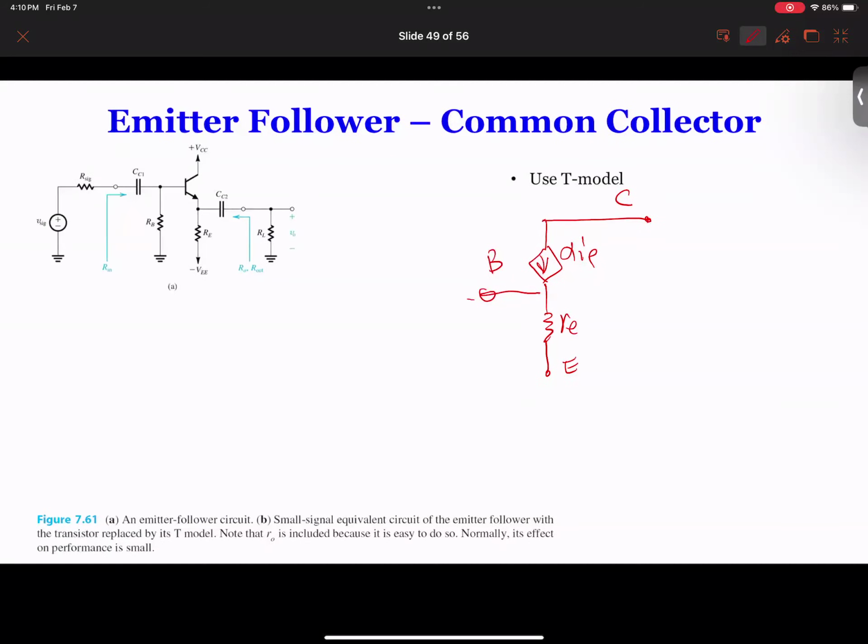So we have this one, RB connected to ground, and then we have the input R. Okay, sorry about that. And then we have the input.